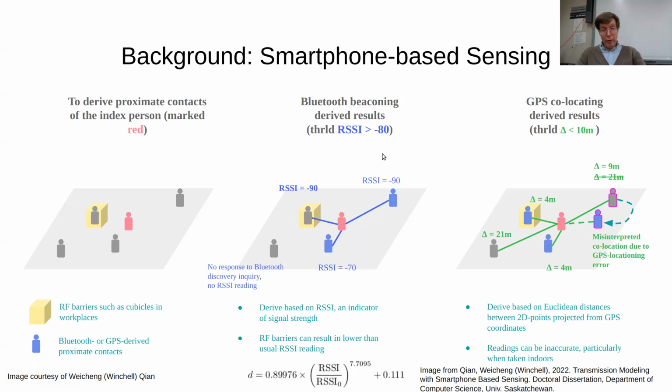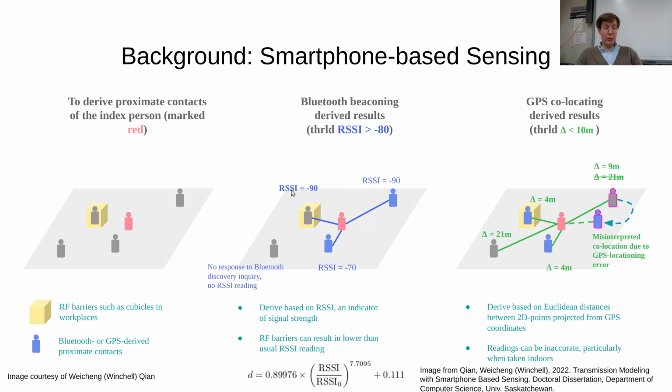One route is via Bluetooth beacons, a technology which I don't think needs elaboration for those present, but is often used for operational tasks like connecting to headphones or connecting to devices in your home, from stoves to treadmills and refrigerators these days.